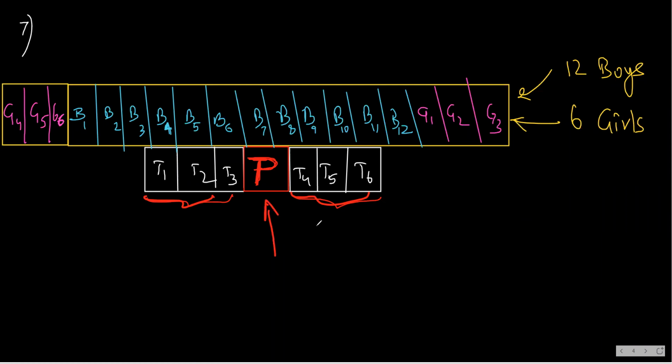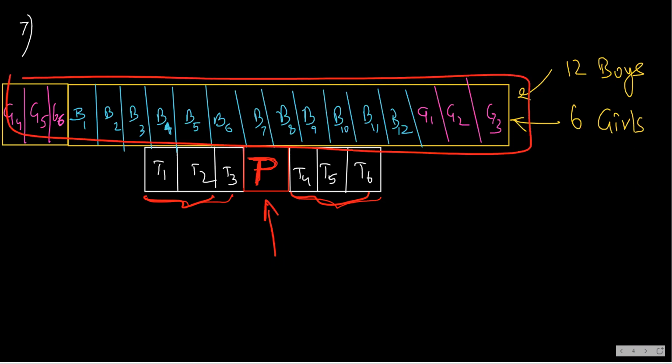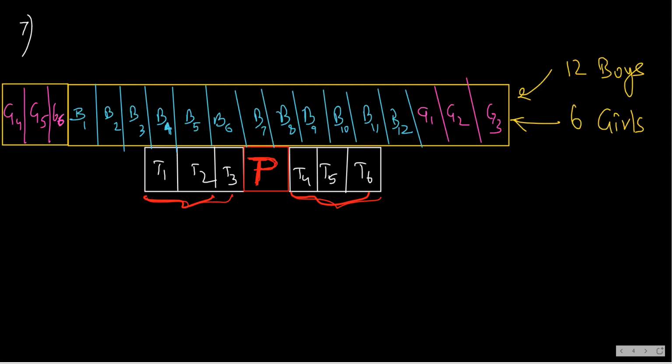Very good. They're saying that 18 students are in the second row. Very well done. That is also fulfilled. But a big condition which they are saying is that no two girls are together.